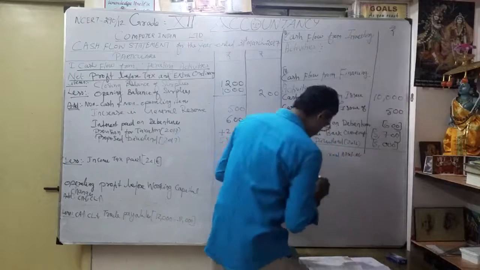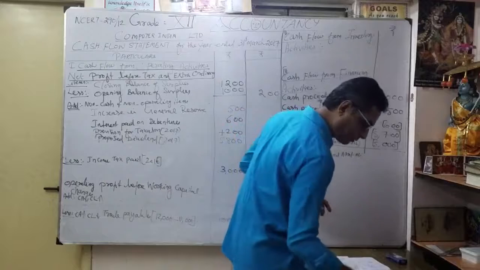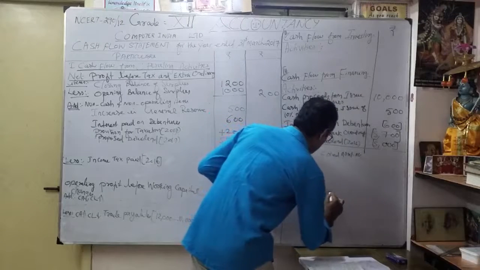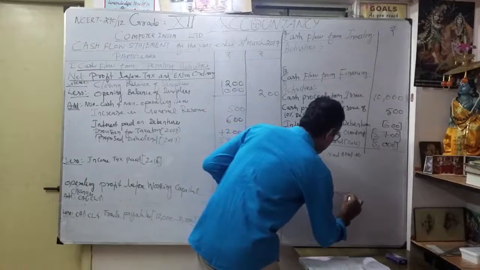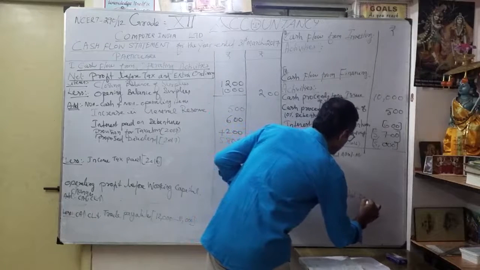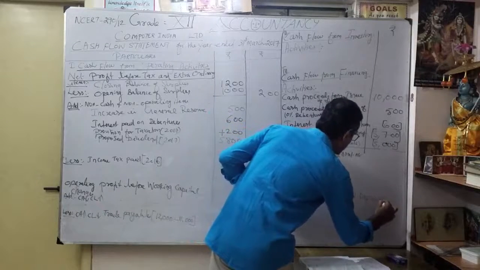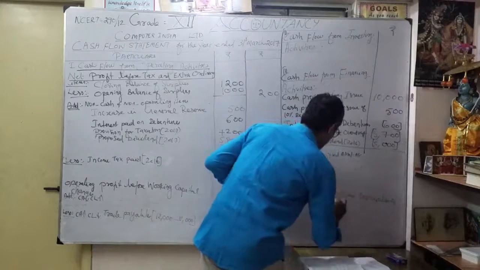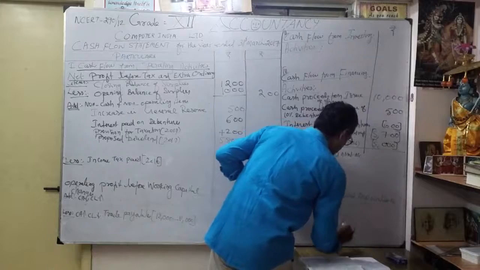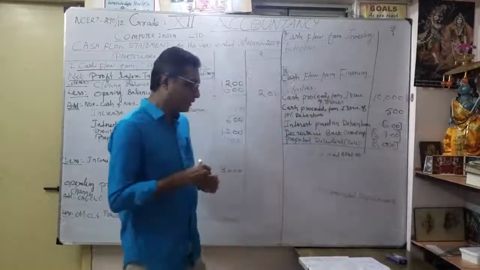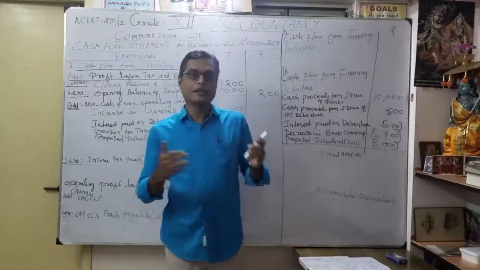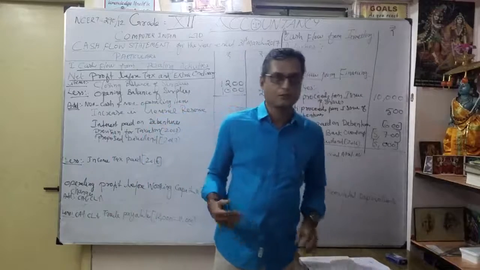Okay, thereafter accumulated depreciation account. So likewise, you want to open 2 accounts. One is fixed asset account, accumulated depreciation account. Now we will see what will happen for preparation of this account.